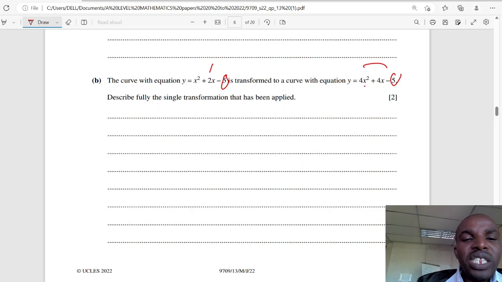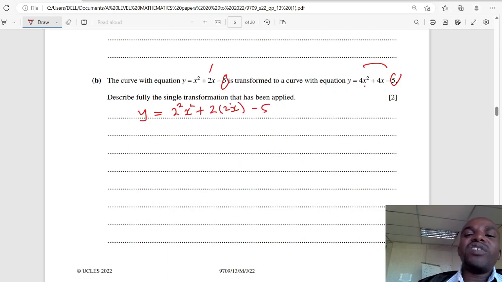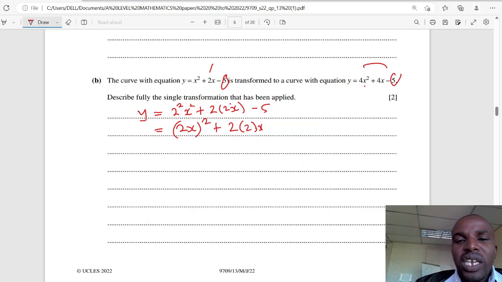So what you have to do now is, if you can say y is equals to, it means this part is 2 squared x squared. Then plus 2 times 2x, then minus 5. You see? So in other words, what has happened here, it came from something like 2x squared, then plus 2, 2x, then minus 5.